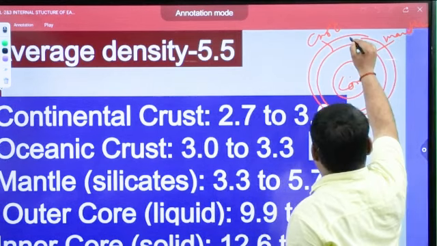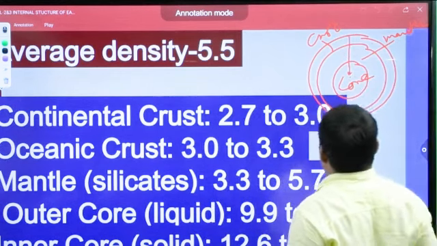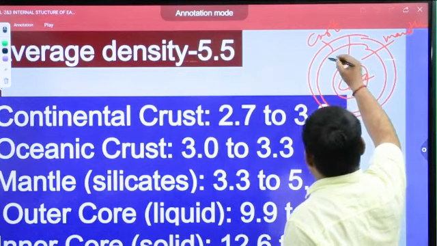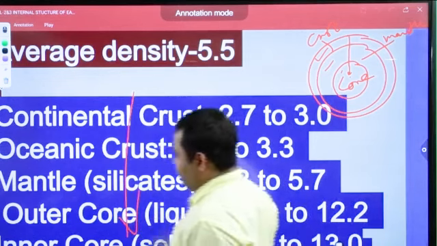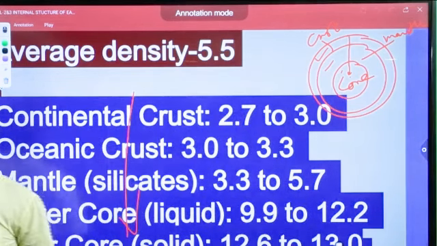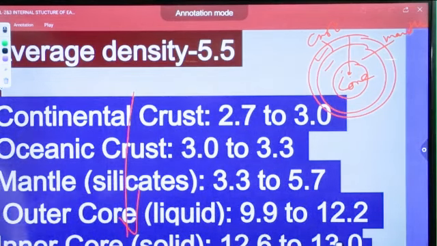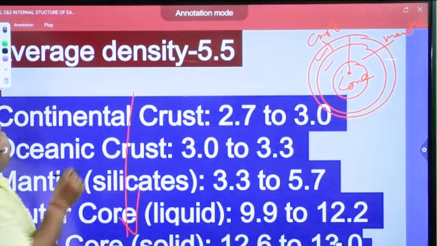With increasing depth, there is the presence of crust, mantle, and core, and the density of these layers increases continuously. So we can conclude that density increases from surface towards center. This is the scientific explanation.